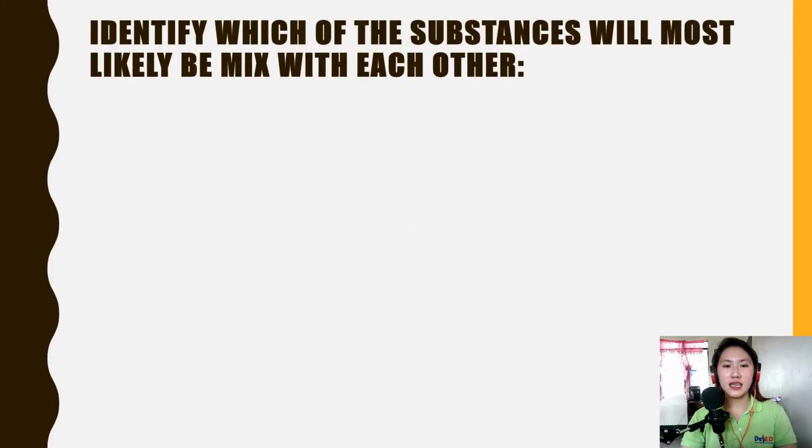So now let us identify which of the substances will most likely be mixed with each other. First we must determine their polarity by simply identifying whether the valence electrons are equally distributed, based on their Lewis structure.